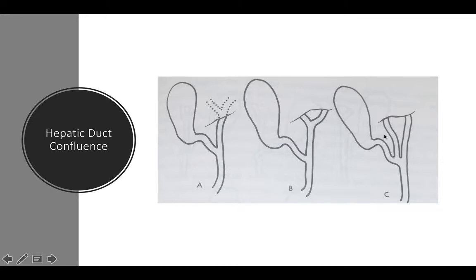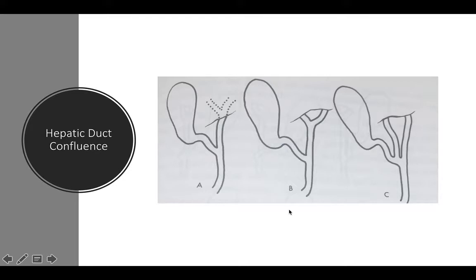And you can see how this structure here, the right duct, for example, can be damaged if one is not careful in the Calot's triangle. So this was the hepatic duct confluence variations.